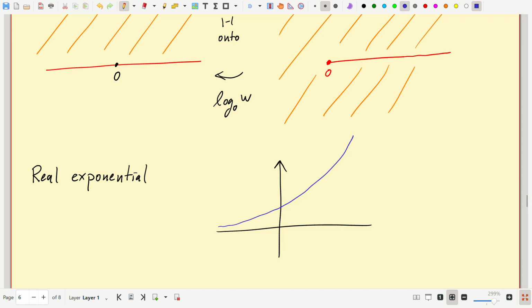It's 1 there, and then it shoots up. That's e to the x, rather. If I put an x here, there's exactly 1 y, so that e to the x is equal to y.